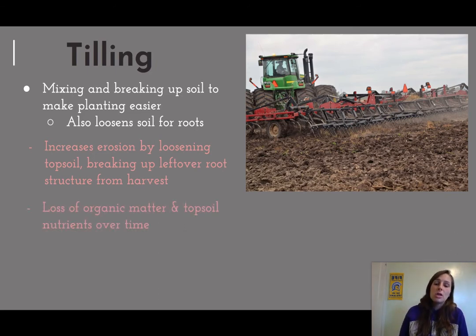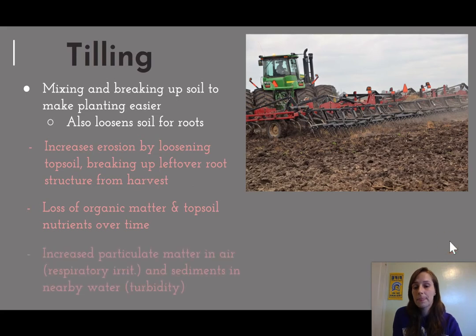Now, although in the short term, tilling is actually good for plants because it makes it a little bit easier for them to grow, over time it leads to a loss of organic matter and topsoil nutrients are going to be decreasing. So in the future, it's actually not so good when you are trying to grow plants there.